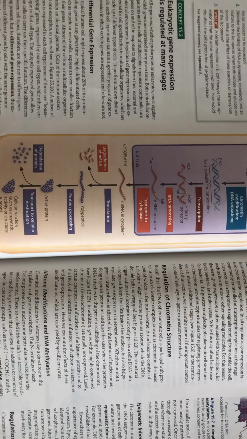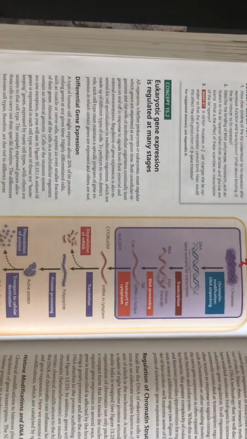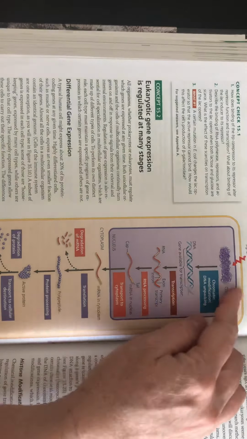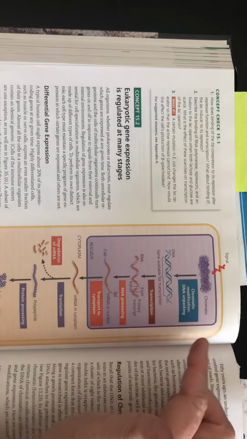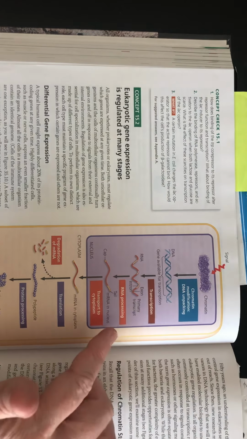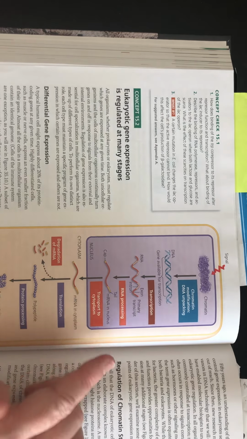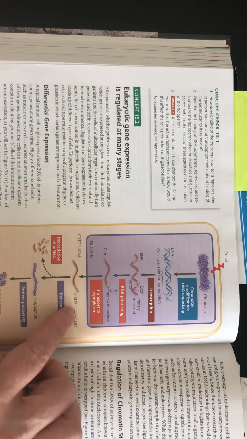All right, so tomorrow we're going to talk about how eukaryotic cells turn genes on and off. And so on your assignment, I asked you to draw a couple of things. The first thing I wanted you to draw was the process here that's in the book. And this we've talked about. This is a signal, goes to the chromatin, DNA gets transcribed, and then it makes a piece of RNA, and then we process it and remove pieces, and then we add a cap and a tail, and then it leaves the nucleus.